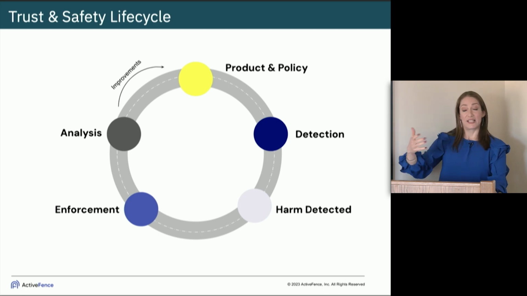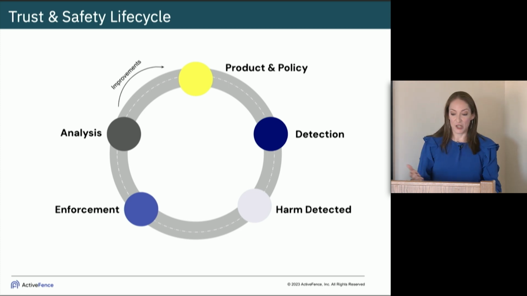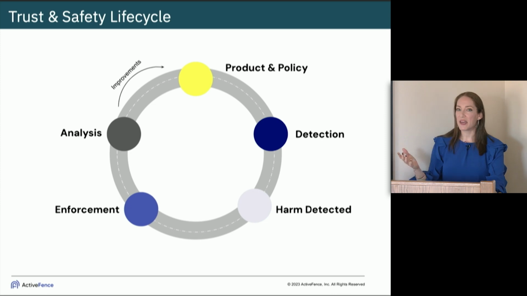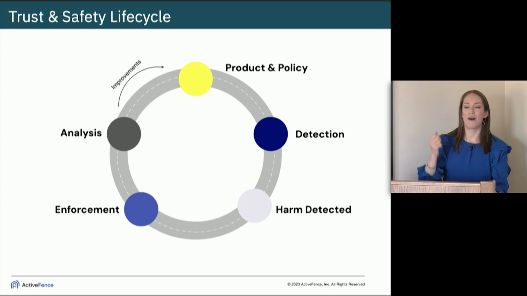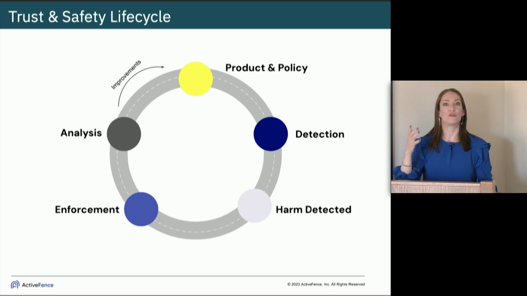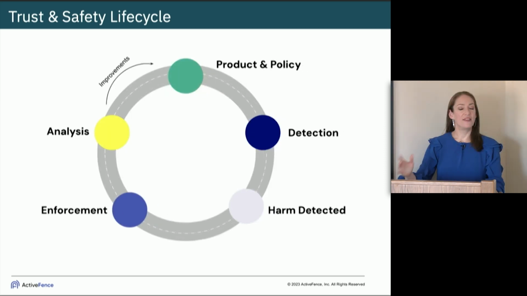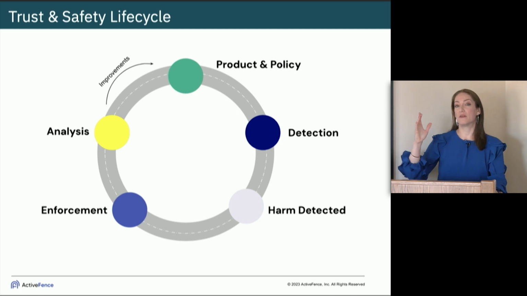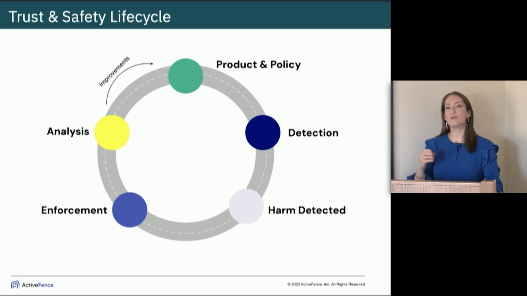Then we move to the next stage, which is detection. We use any mechanism to flag violative content, by monitoring or user reporting or classifiers, anything that can raise a flag over harmful content. Then harm is detected, whether manually or automatically, and then we move to the enforcement phase.